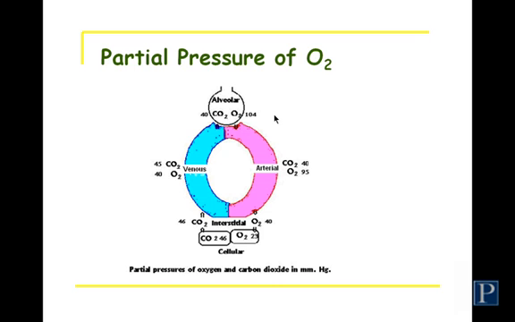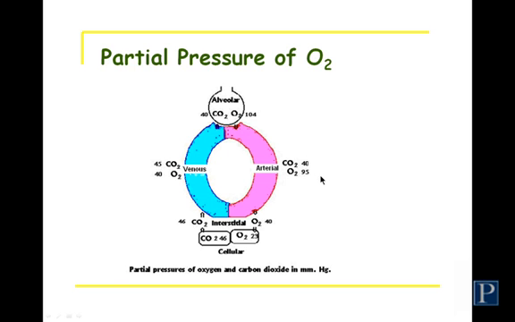So what's going to happen is, because of this venous admixture, the partial pressure of oxygen in the blood leaving the heart is going to be less. In here, you have it written as 95. It's anywhere from 95 to 100 millimeters of mercury. So it's slightly less than the blood that you saw up in the pulmonary capillaries.